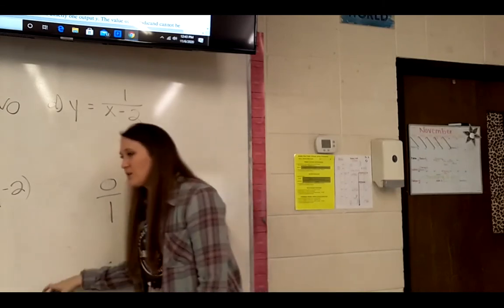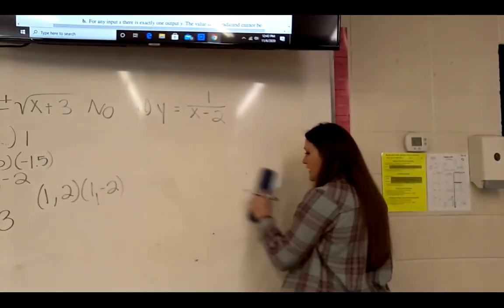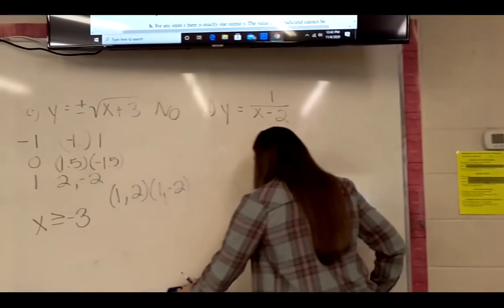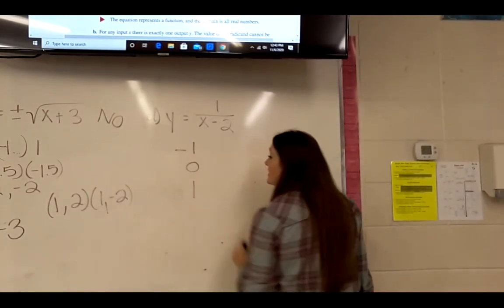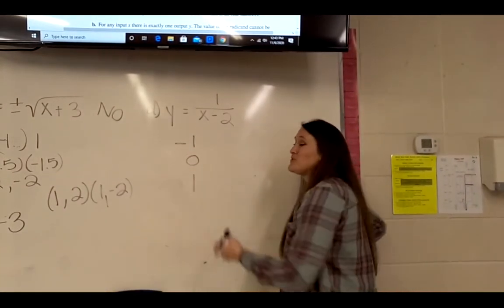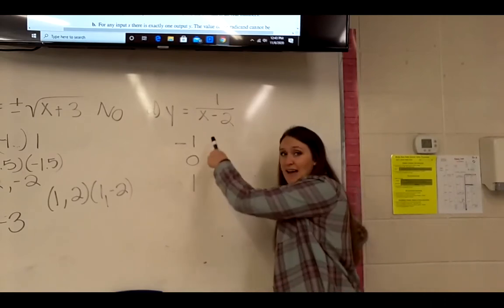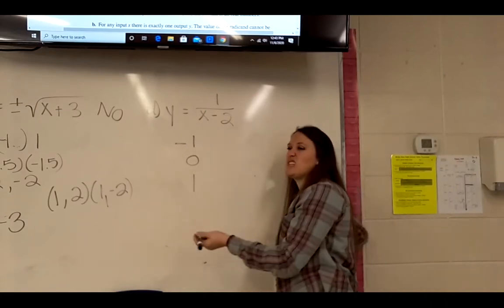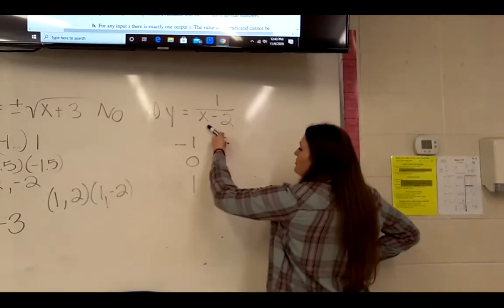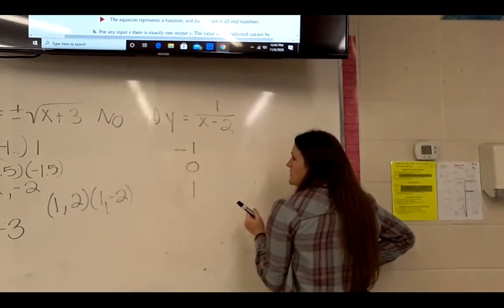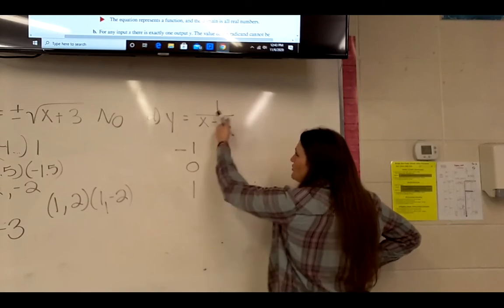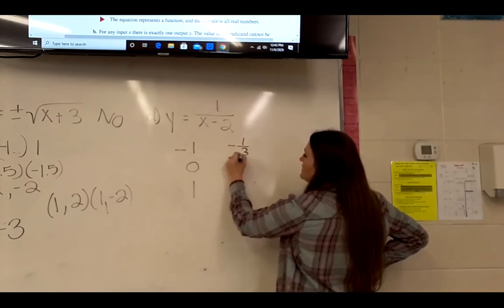Okay? So I just wanted to show you that because we have a fraction. So again, we can still just plug some numbers in to check to see if it's a function. And you can choose any numbers. I just like these because then I have a negative and a positive, and they're easy numbers. So if I plug in negative 1, negative 1 minus 2 is negative 3. So that really is just negative 1 over 3.